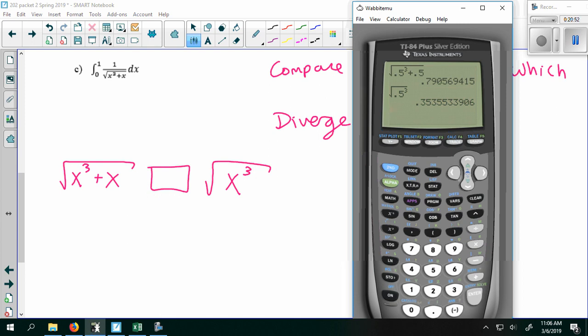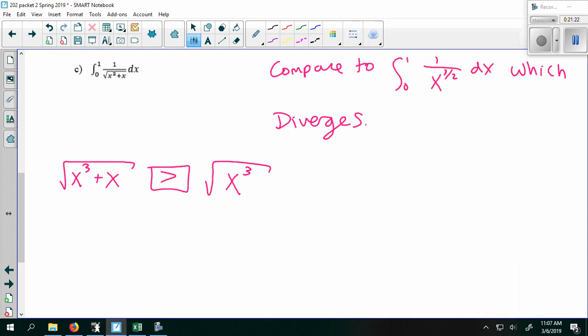So I plugged in a number between 0 and 1. You have to plug in something within the bounds of integration. Yes, you do have to pick a number in the interval to see the truth of what's happening. So this is bigger, right?